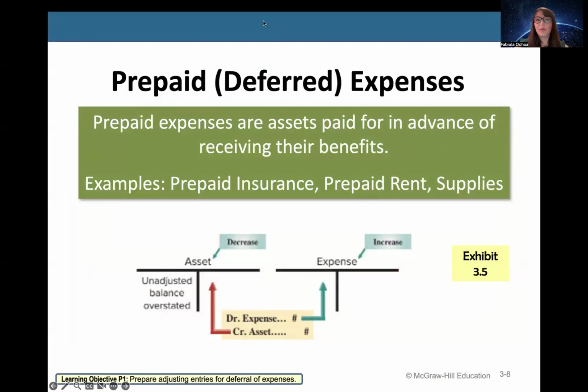So to go over prepaid or deferred expenses, prepaid expenses are assets paid for in advance of receiving their benefits. So items like prepaid insurance, prepaid rent, prepaid supplies.